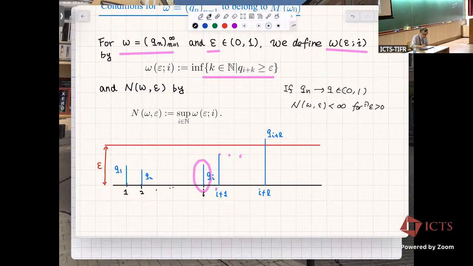Or if Qn tends to 0, then N(omega, epsilon) is infinite for any epsilon. Because for any epsilon, eventually Qn is below the red number. So there's no such supremum.